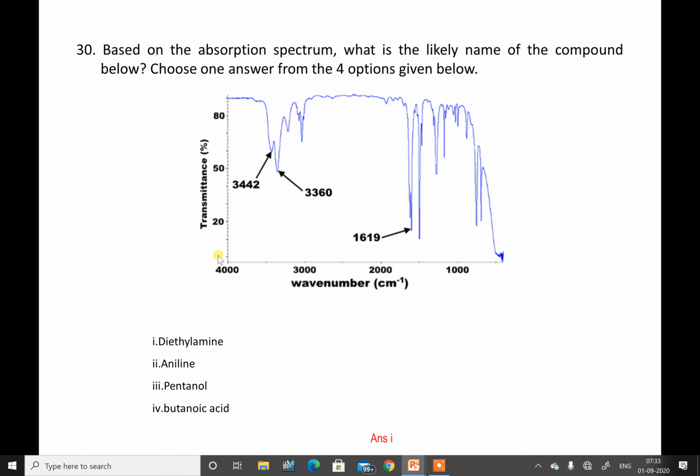It is diethylamine. This is not very characteristic of aryl CH vibrations, and therefore this is diethylamine, more characteristic of the methyl groups.